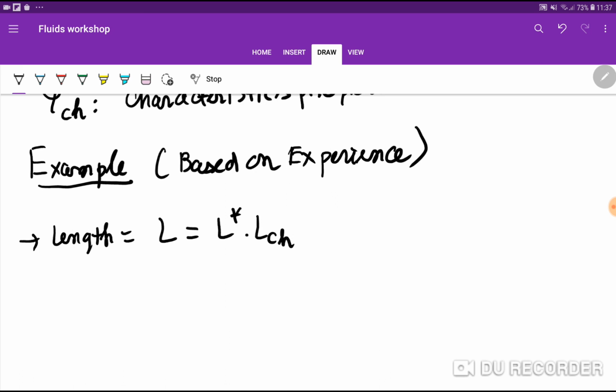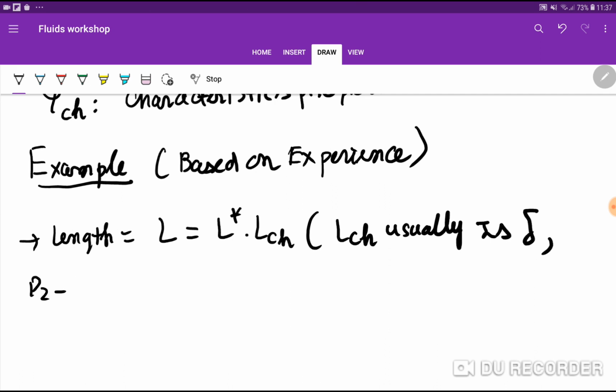But what is LCH usually? LCH usually is delta for the thickness, D2 minus D1 for concentric flow.